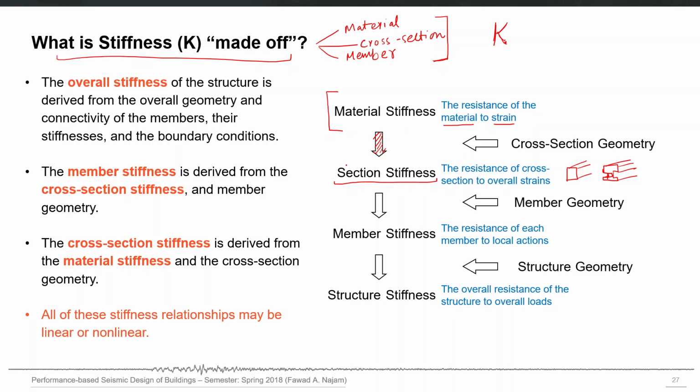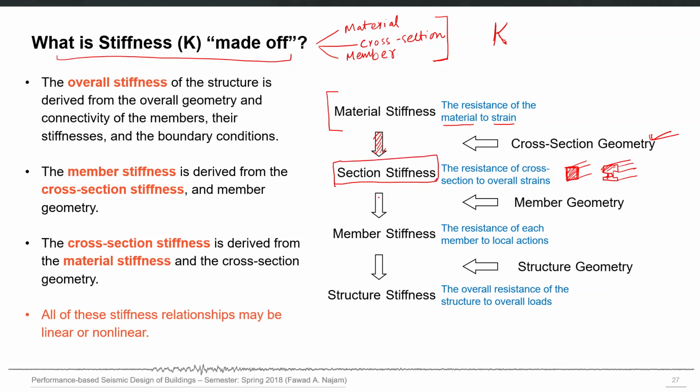Now the cross-section stiffness is not only made of the material stiffness, because that cross section will be made of some material, but the shape also will define the cross-section stiffness. So material stiffness will play its role in cross-section stiffness, but there will be an input from cross-section geometry as well. Material stiffness along with the cross-section shape or geometry will make the cross-section stiffness.